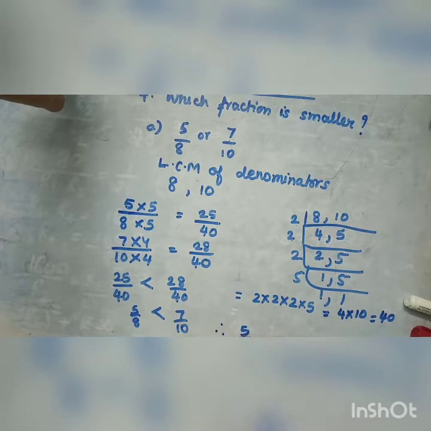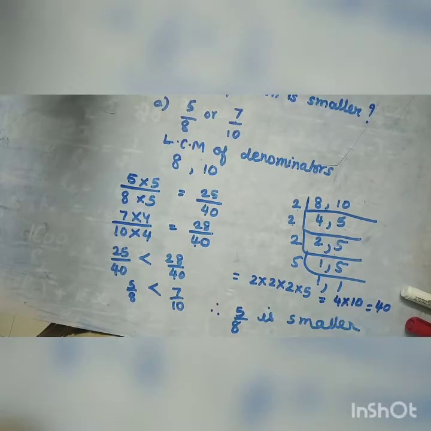Therefore, 5 by 8 is smaller. So you need to write the answer as 5 upon 8 is smaller. So you have the question as which fraction is smaller, so you have to just do the problem and you can see that 5 upon 8 is smaller than 7 upon 10.